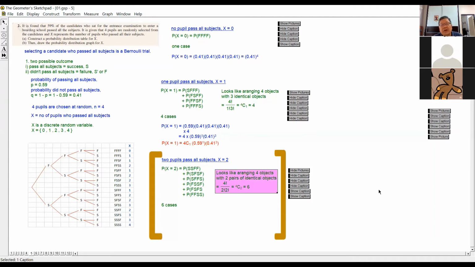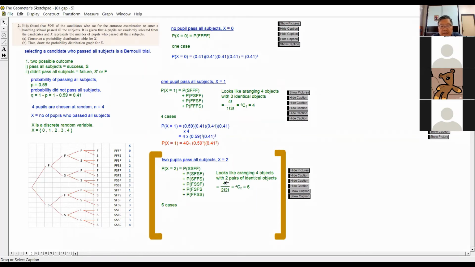To count, we don't count the probability first, we count the number of outcomes. The number of outcomes is just like arranging 4 objects with 2 identical ones and 2 identical ones.